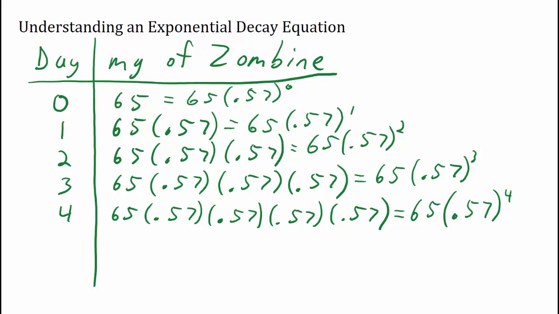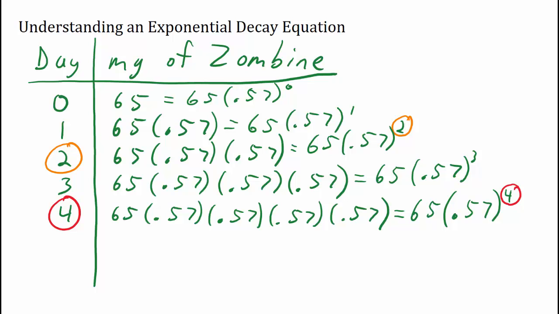Let's look for a pattern here. Maybe it will help us write an equation. On day 4, we notice that the expression to get the milligrams of Zombine is 65 times 0.57 to the 4th power. And on day 2, it's 65 times 0.57 to the 2nd power. The exponent matches the day.